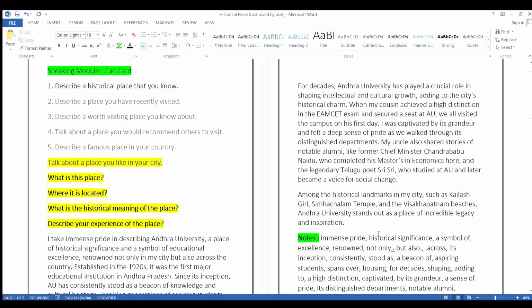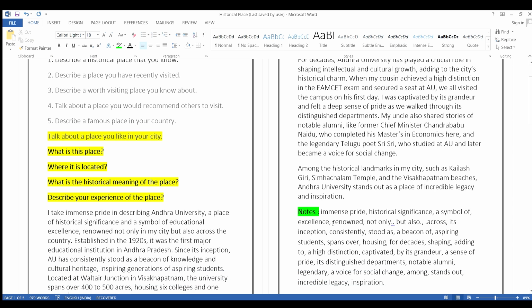So it is among the historical landmarks in my city, such as Kailashgiri, Simhachalam Temple, and the Visakhapatnam beaches. Andhra University stands out as a place of incredible legacy and inspiration. How is the experience? It is a place of incredible legacy. Legacy is the long story, the long historical story, and it is an inspiration to me.